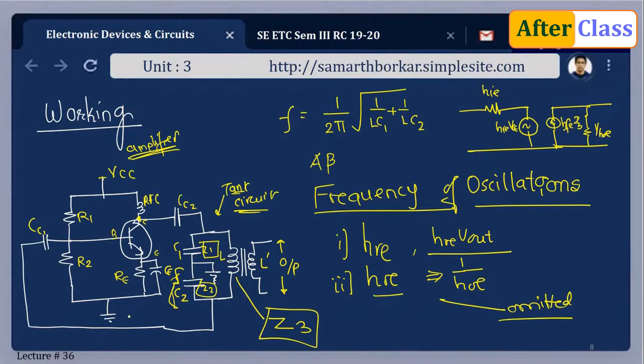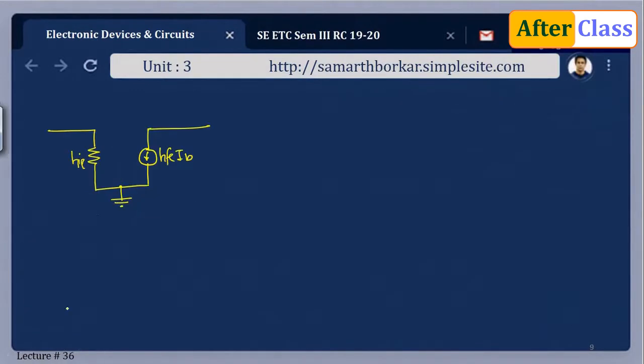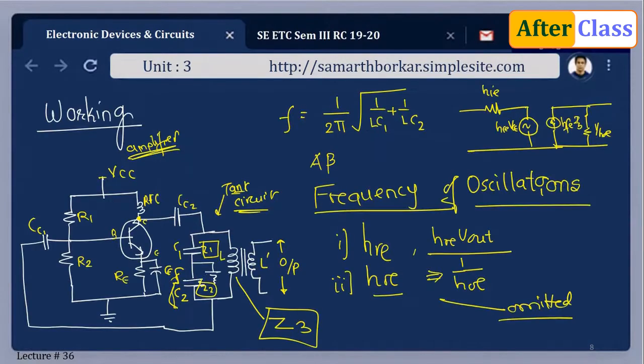Fine. So you see, this is connected to ground, so at one end we are having Z1 and at the other end we are having Z2. So I can have Z2 here, fine, and Z1 here. So in between we have the ground connection. Try to understand this.